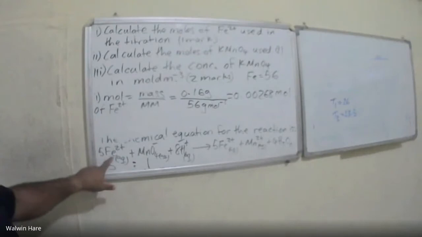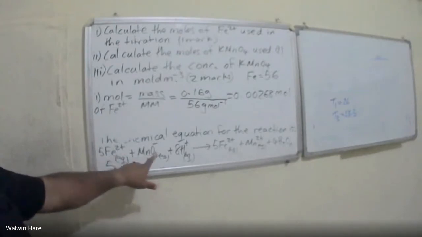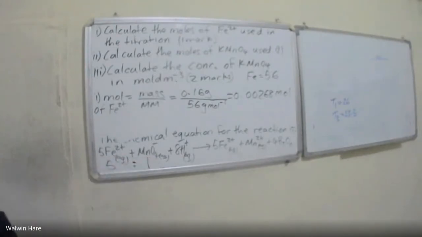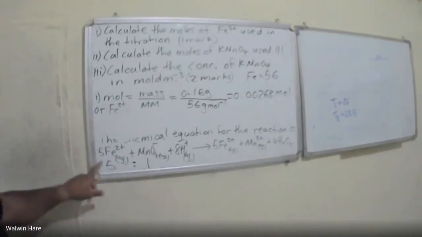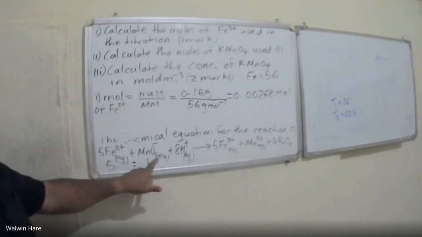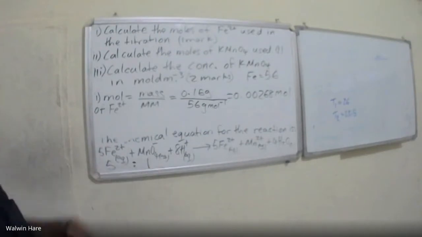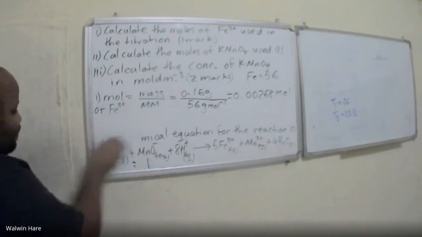Right, so it's Fe2 plus and the permanganate ion. So it's a 5:1 mole ratio, and we have the moles of iron, and we want the moles of the permanganate ion, so we would divide it by 5 to get the answer.